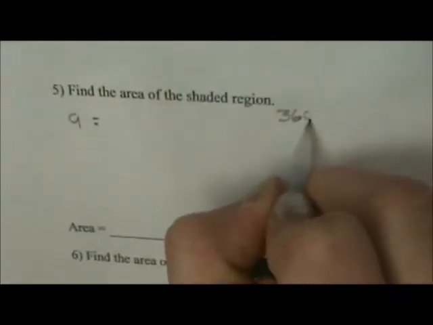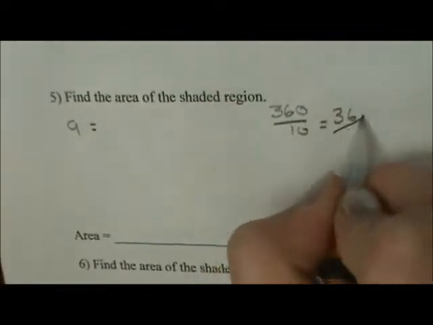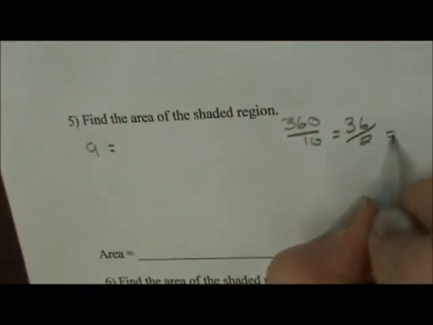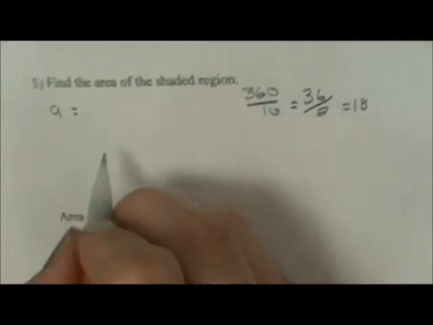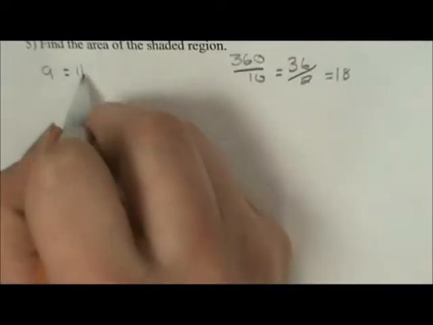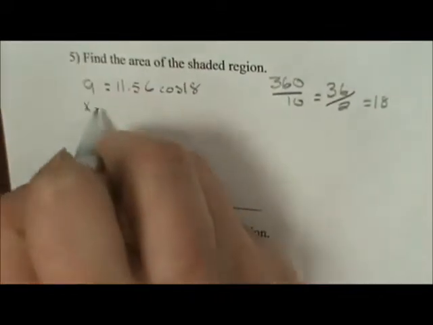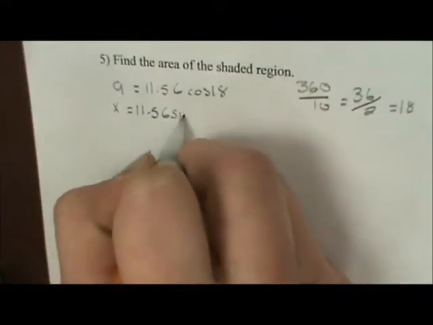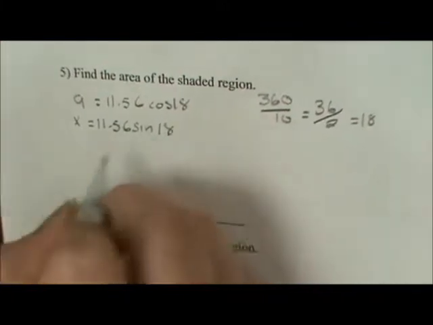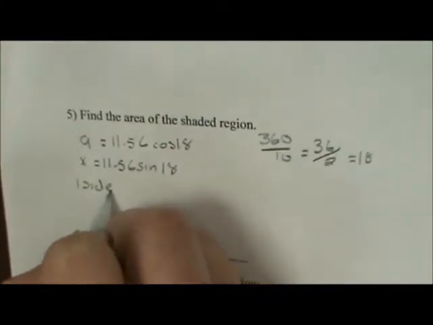Then for number 5, we are going to do 360 divided by 10 because there are 10 sides. So 10 equal angles, 36 divided by 2 is going to equal 18. That is the angle of our half of our triangle. So then we can do A. We are going to have A equal to 11.56 cosine of 18. X is going to equal 11.56 sine of 18.